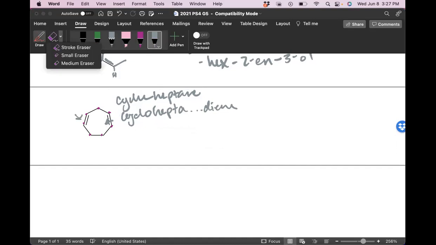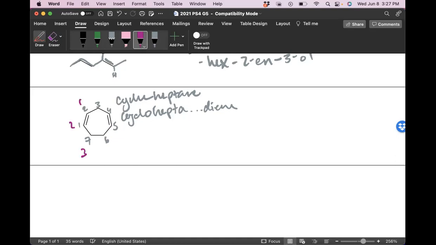Again, we need to number it in a way that minimizes the numbers for the alkenes. So if we renumber it, if it's a cyclic compound, we have to start at an alkene, barring there's no alcohol, so 1, 2, 3, 4, 5, 6, 7. We go around 1, 2, 3, 4, 5, 6, 7.